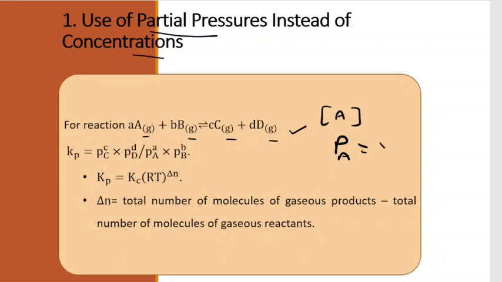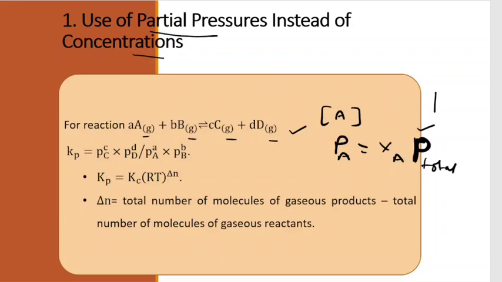Partial pressure is equal to mole fraction into total pressure, capital P. Mole fraction, molarity, normality, and all the concentration terms you already came to know in another chapter. And here capital P is the total pressure.